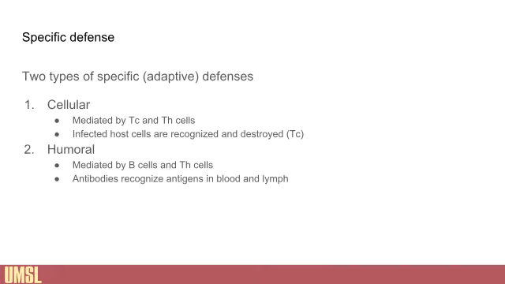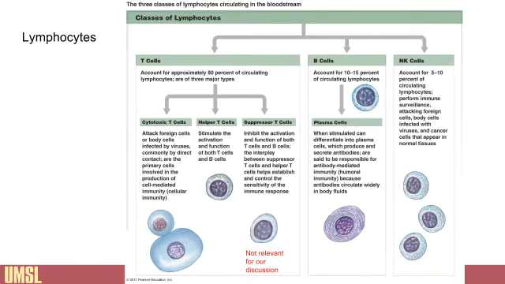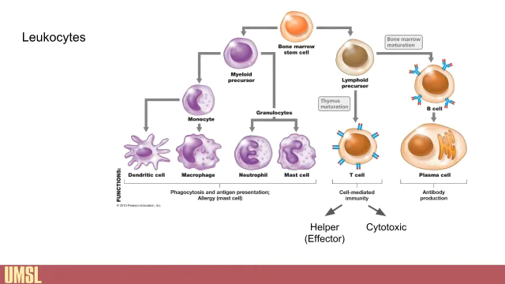So there are a couple of different specific adaptive defenses, and we're going to end up reusing some terminology that we used last time. Before I head into this, are there any questions? Yep. So all of those cells on the previous page are APCs? So on this slide, the antigen-presenting cells are dendritic cells and macrophages.